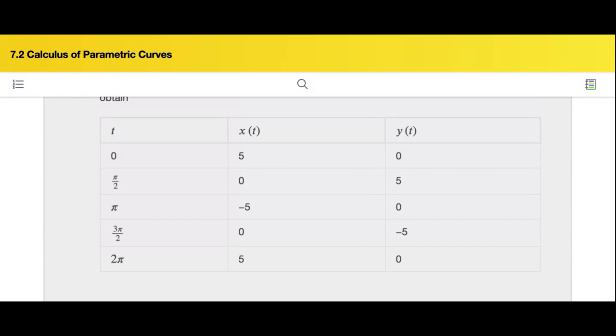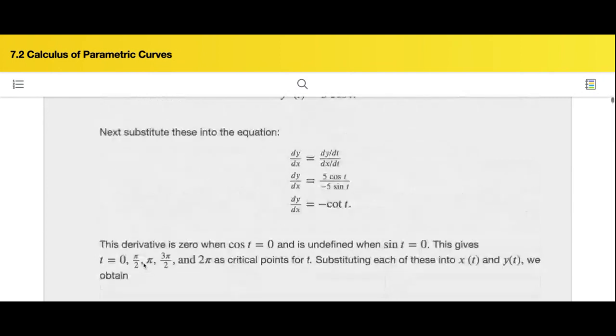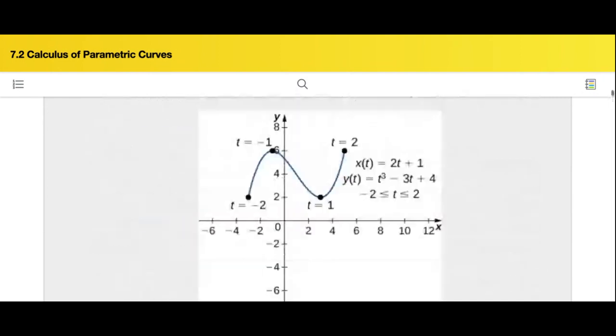When the derivative is not defined, we know we have the 2 x-intercepts, because the tangent line is a vertical line, and the slope of a vertical line is undefined. And with the 2 y-intercepts, the tangent lines at those points are horizontal lines, so the slope is 0. So we get these 4 special points, because we're going from 0 to 2 pi, so 2 pi is the same as 0.